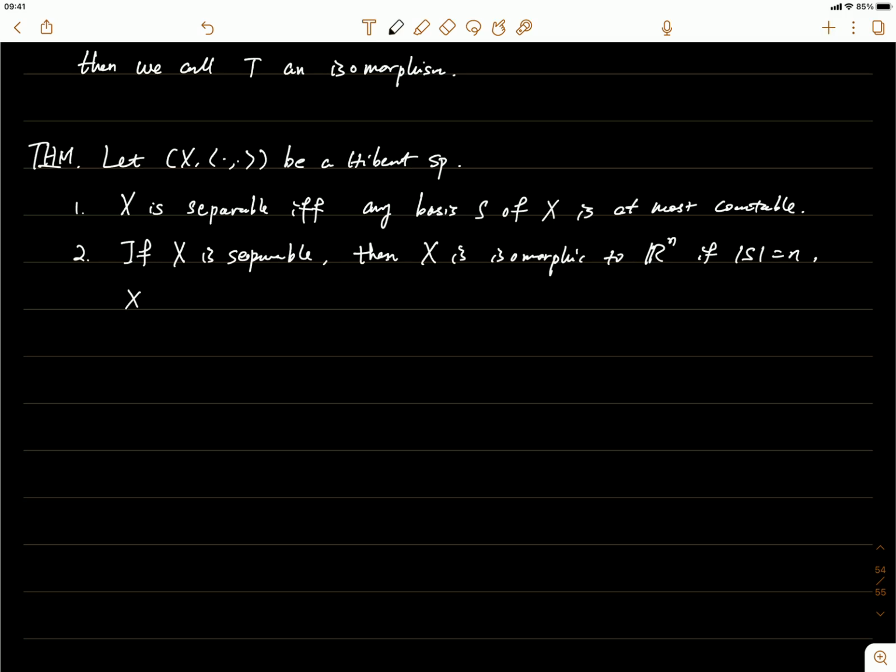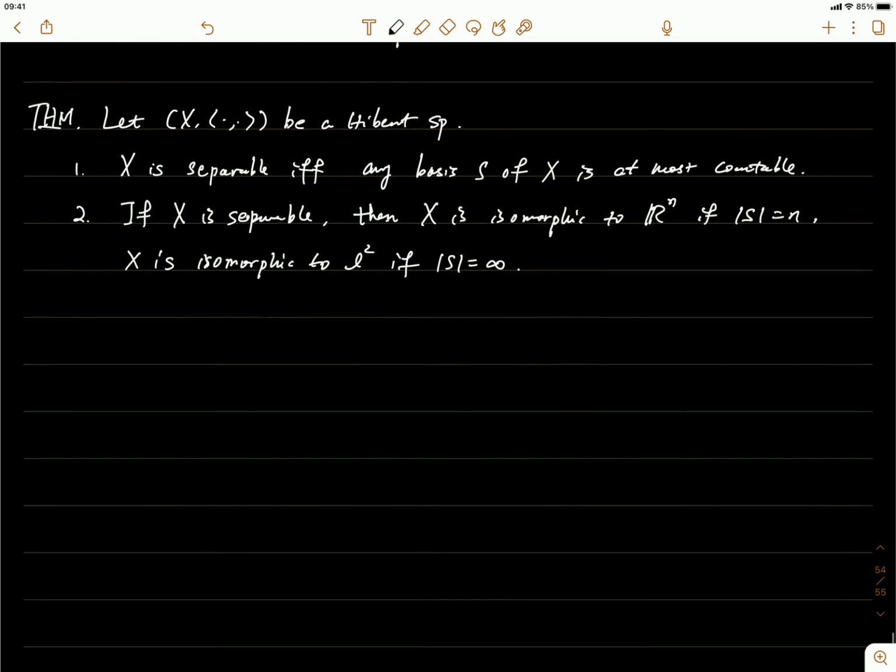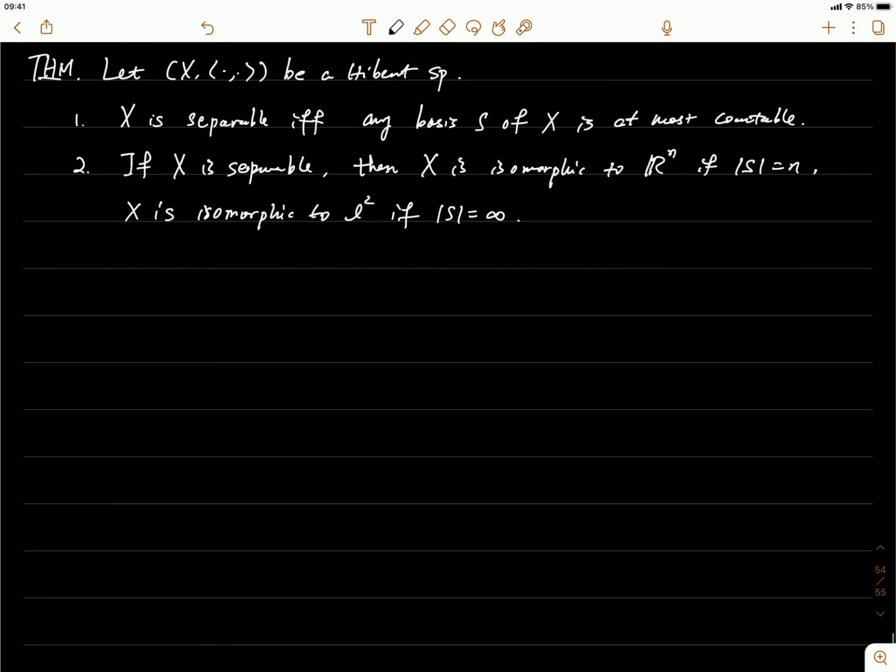And if S has countably many elements, then X is isomorphic to L squared, the space of sequences which are square summable. This is the case where S is infinite. So if X is separable, we can consider the dimensionality, and actually one of these must be true.